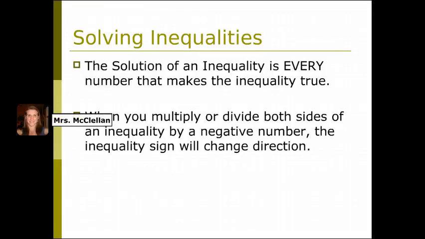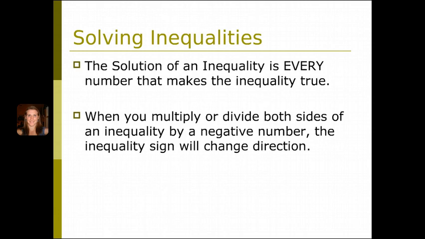So in Chapter 2, we discussed how to solve equations. Almost every equation that we solved came down to the variable equals one specific number. In this chapter, we're extending that and saying that the solution of an inequality is any and every number that makes the inequality true.